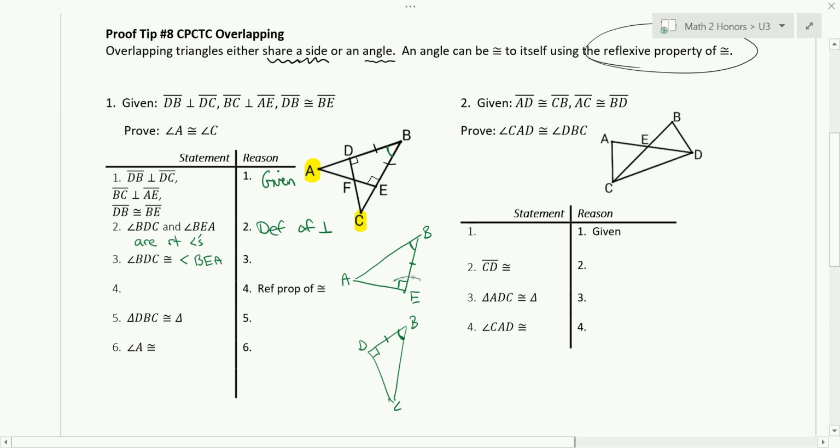Notice that they're both right angles. There you go. All right angles are congruent. Good job. Okay, then statement 4 is not there, but you see the reason, reflexive property of congruence. Mac, what do you think? Oh, sorry, angle B is congruent to angle B.